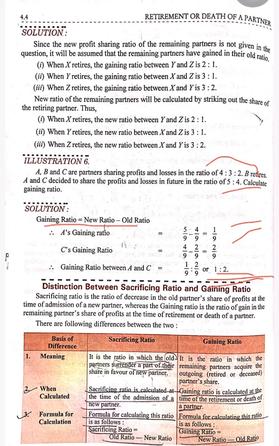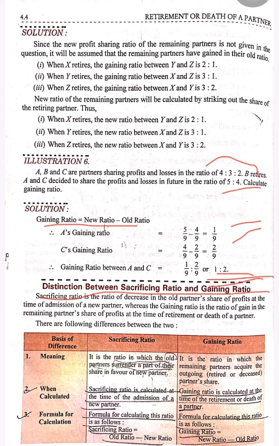Okay. So let me tell you the difference between sacrificing and gaining ratio. When a new partner is admitted in the firm, that is, in partnership admission, the old partners have to sacrifice their share and give some profit sharing ratio to the new partner.